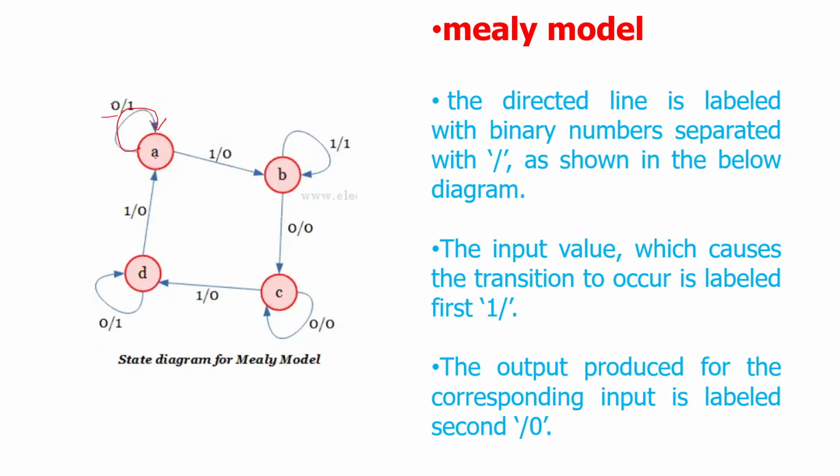So here it is x/y, where x is the input and y is the output. In the Mealy model, the output is explicitly written for each and every input, so for each directed line the input and output are written. That is, the output depends upon the present state as well as the input in the Mealy model.